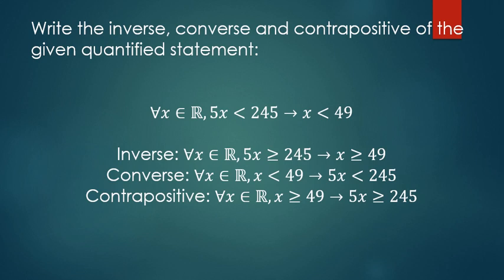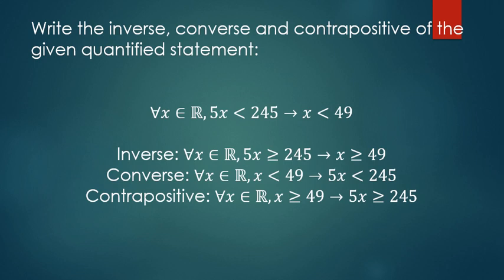And just as a final note, if you think about these three statements here, the inverse, the converse, and the contrapositive, those are all necessarily true. Those are all saying the same thing.